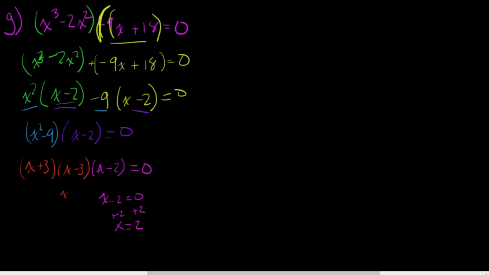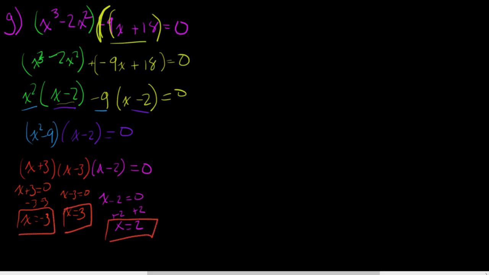Here I've got x minus 3 is equal to 0. I add 3 to both sides, and I get x is equal to 3. Here I've got x plus 3 is equal to 0. I subtract 3 from both sides, and I get x is equal to negative 3. There we go, and that is G.